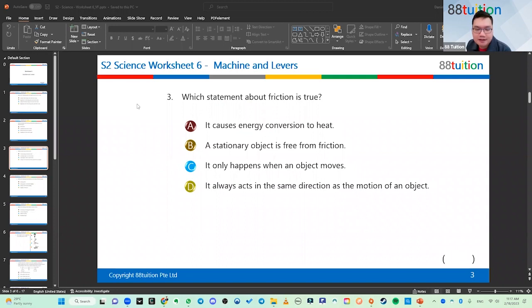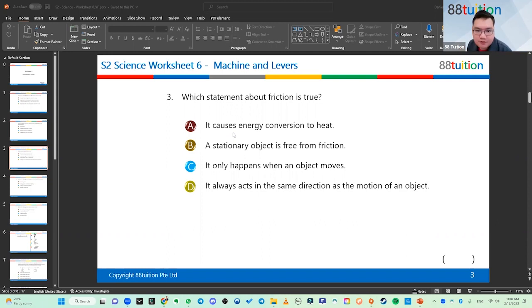Chunda, A: It causes energy conversion to heat. B, Jocelyn: A stationary object is free from friction.